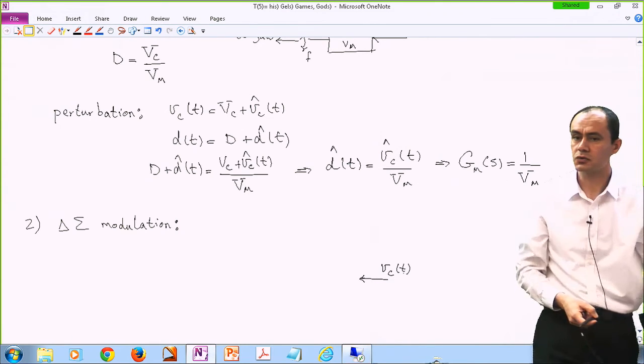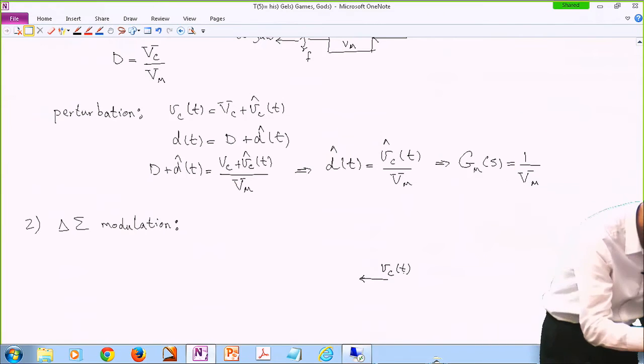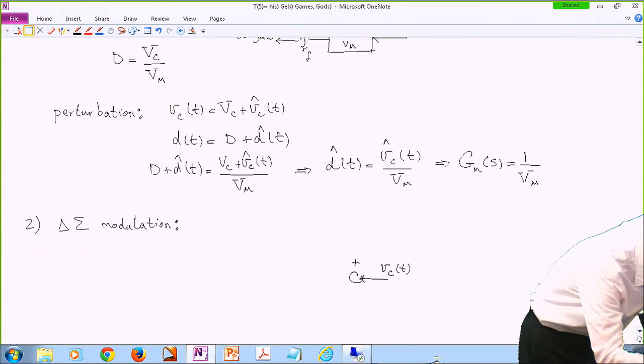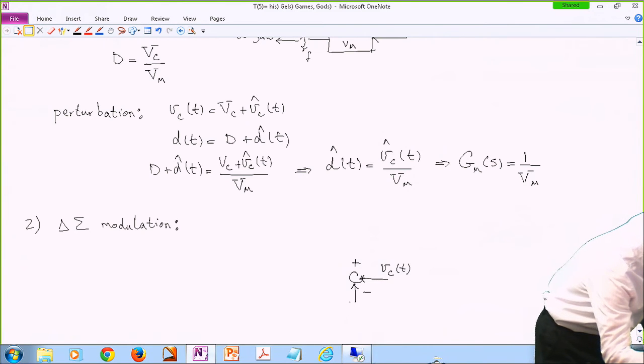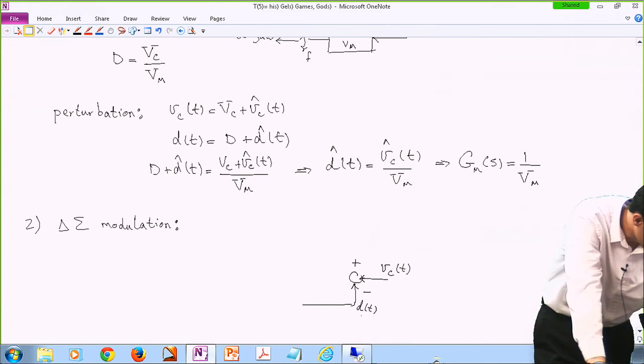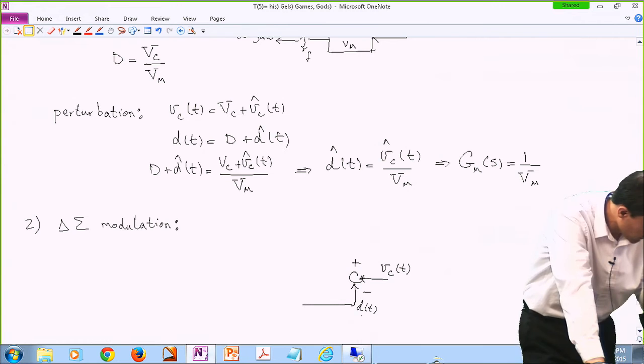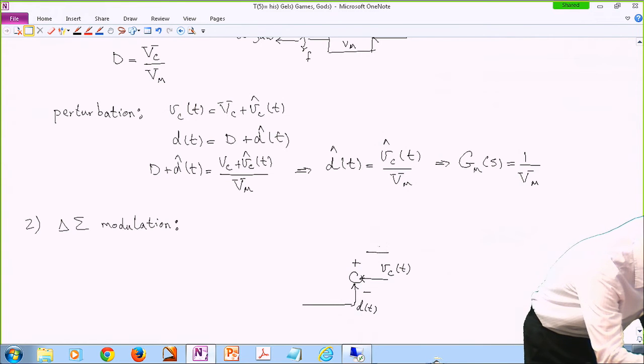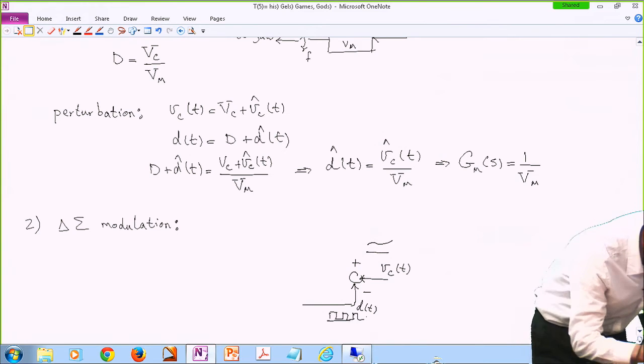obviously VC, the control signal, is the input to the system. And you subtract it from the duty cycle signal that is applied to the gate. Okay? So this is a kind of smooth signal. This is like a pulsating signal. All right?